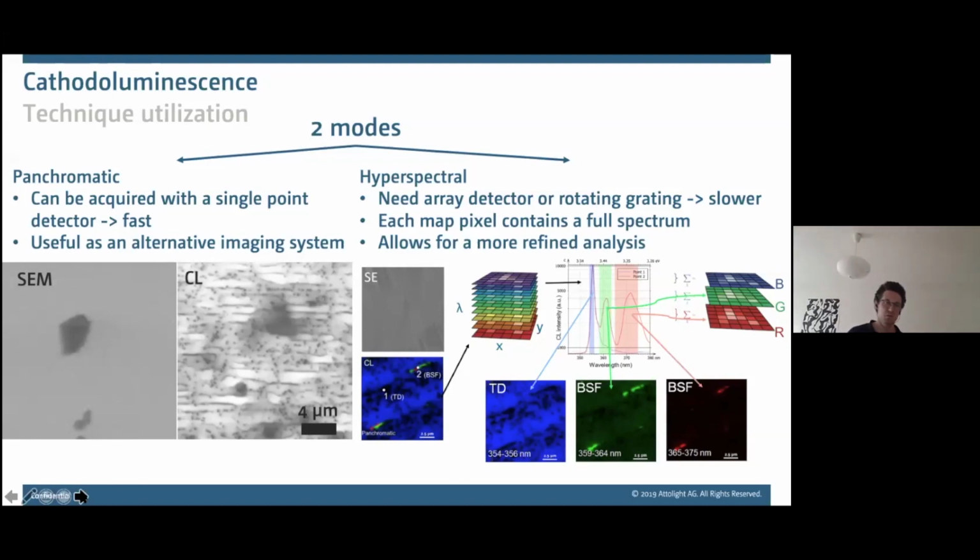In this mode, just like on the images shown on the left-hand side, you record an image, but each pixel that you record will contain a full emission spectrum of the cathodoluminescent light from your material. This is key to, for instance, detect particular defects or particular states in a semiconductor, and things like that.